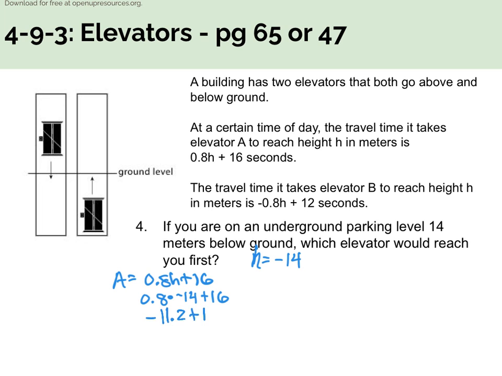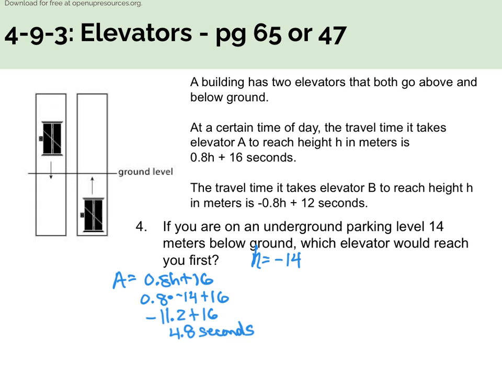And then we're going to add 16 to that. So let's plus 16. And that is going to be 4.8. And so that will make it so that it is 4.8 seconds that it will take for elevator A to go 14 meters below ground.